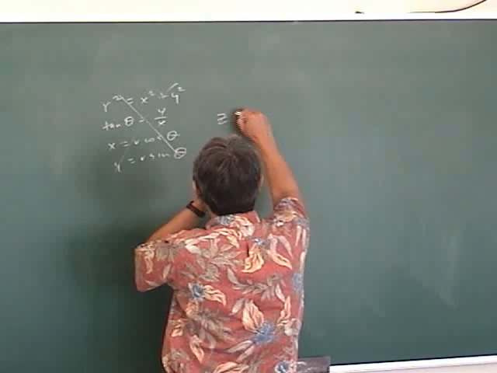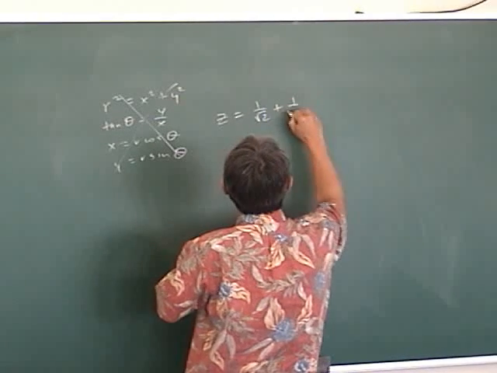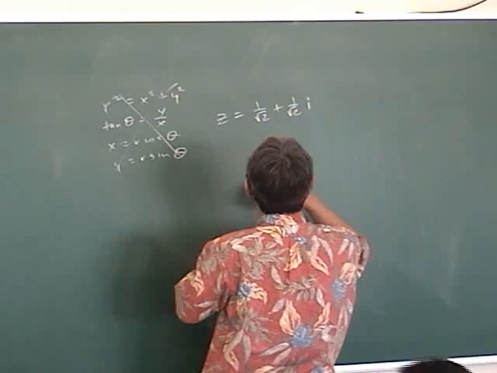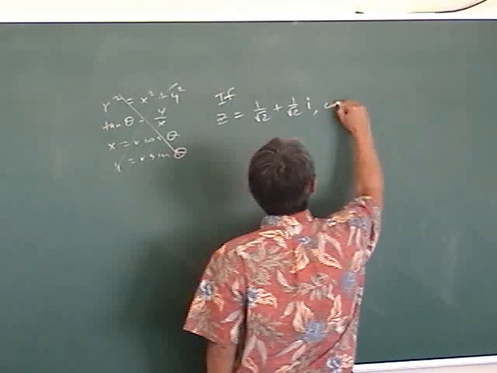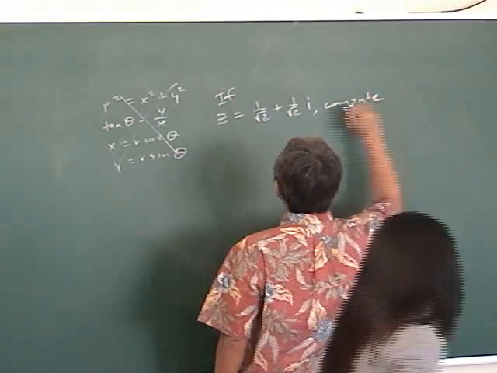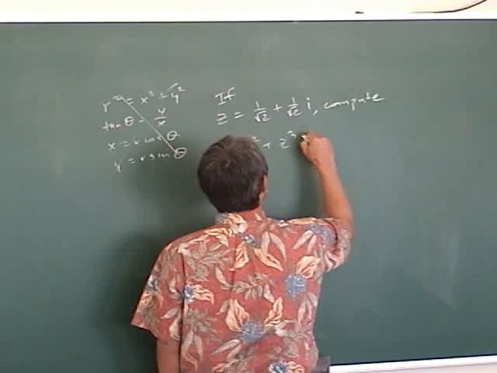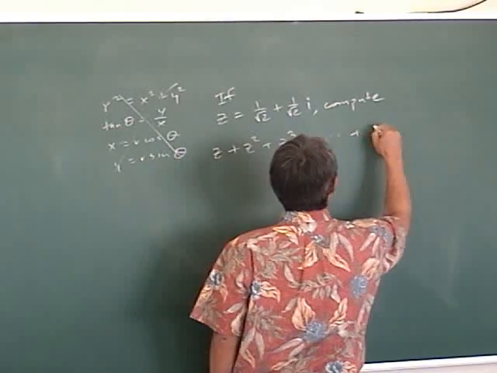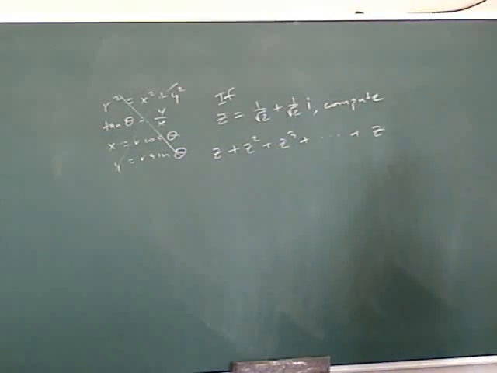If z is equal to 1 over root 2 plus 1 over root 2 i, compute z plus z squared plus z cubed plus dot dot dot all the way up until z to the, what power did it have there? 2002.